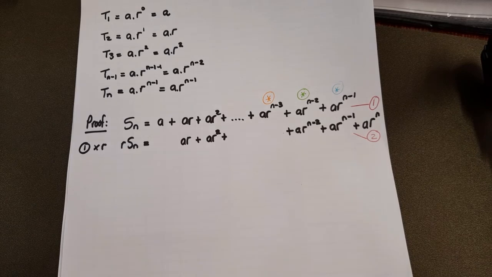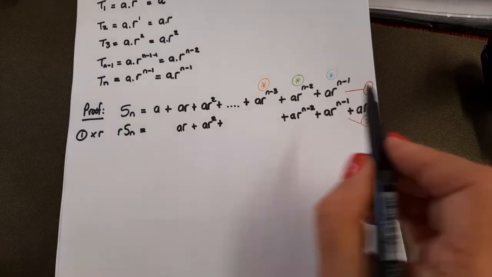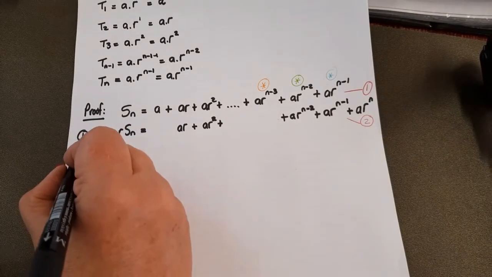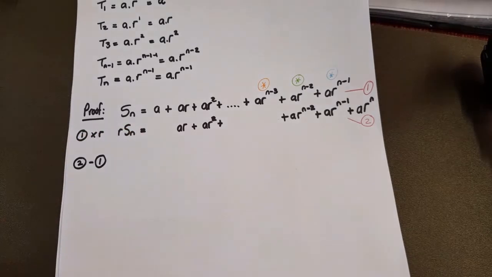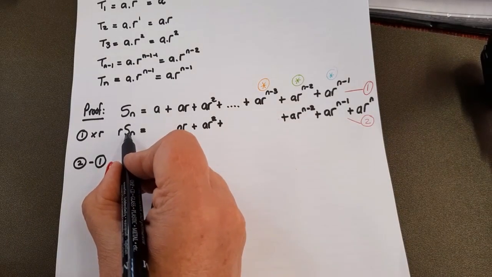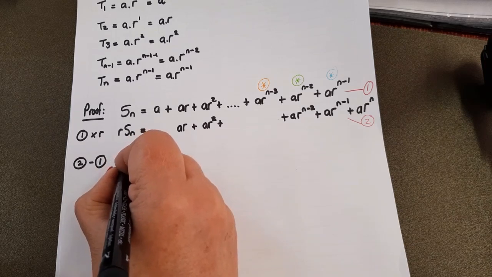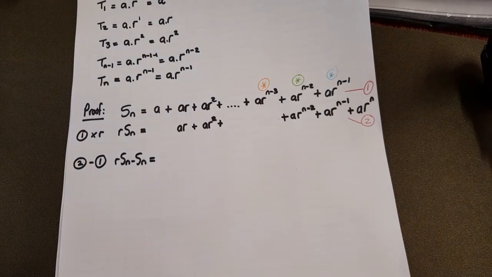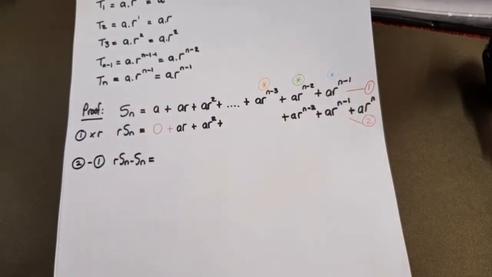Our next step in the proof of the sum formula is to subtract 1 from 2. So I'm going to take number 2 and I'm going to subtract number 1. So rSn minus Sn will be on the left hand side. Here we have a 0 plus.